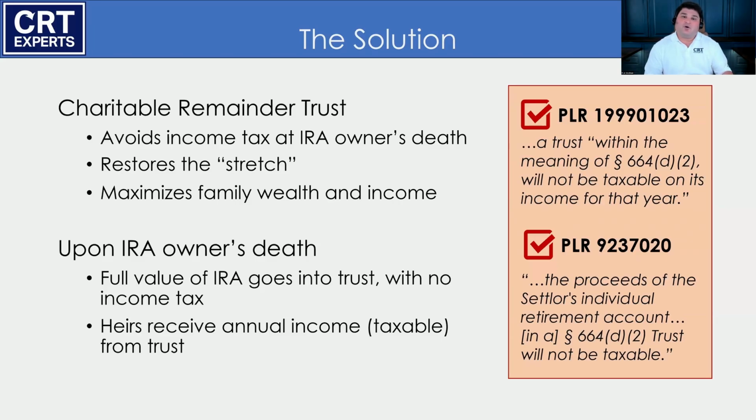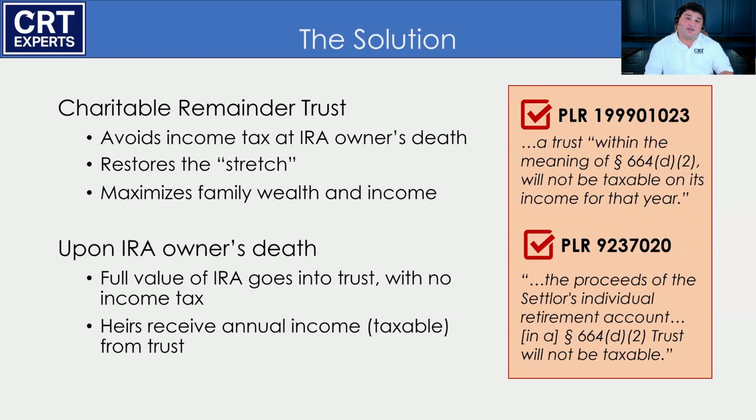So in a traditional CRT scenario, I'll mention this throughout, when you hear me refer to a traditional CRT scenario, what I'm referring to is what we typically see with CRT creations, where a client owns appreciated property, they want to defer the capital gain, create a lifetime income stream, so they contribute that property to the CRT.